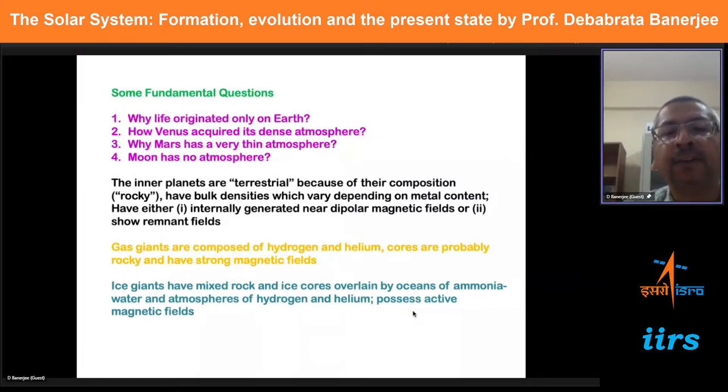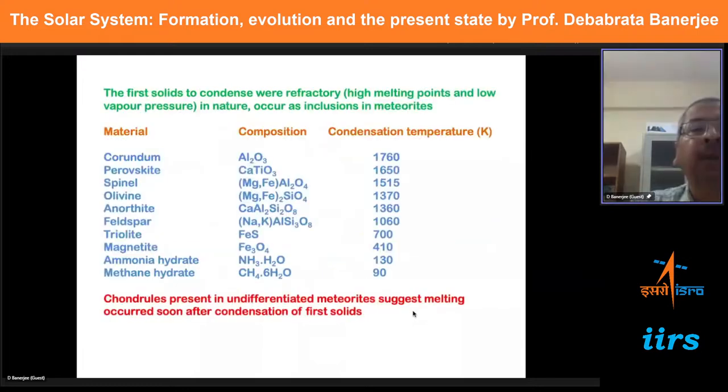Gas giants are composed of hydrogen and helium, with cores, probably rocky, and have strong magnetic fields. And then the ice giants have mixed rock and ice cores, which are overlain by oceans of ammonia and atmospheres of hydrogen and helium, and they possess active magnetic fields.